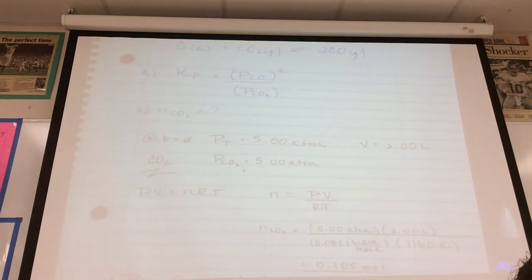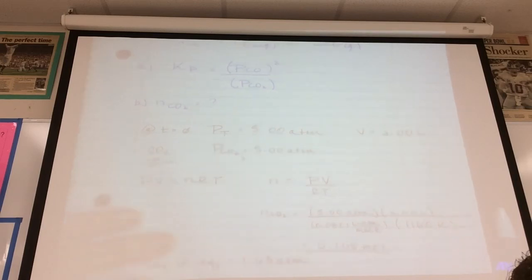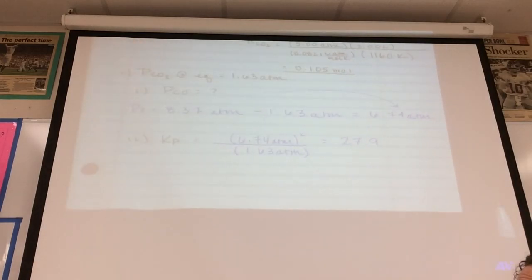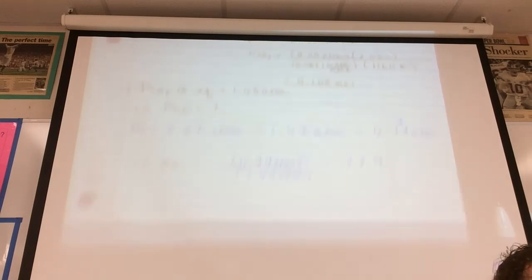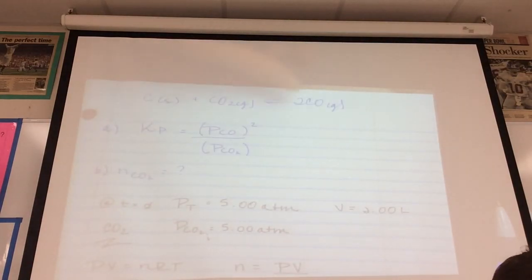So your Q is 2. What's your K? 27 and change. Is Q less than, equal to, or greater than K? Less than. And if Q is less than K, the forward reaction would be favored.